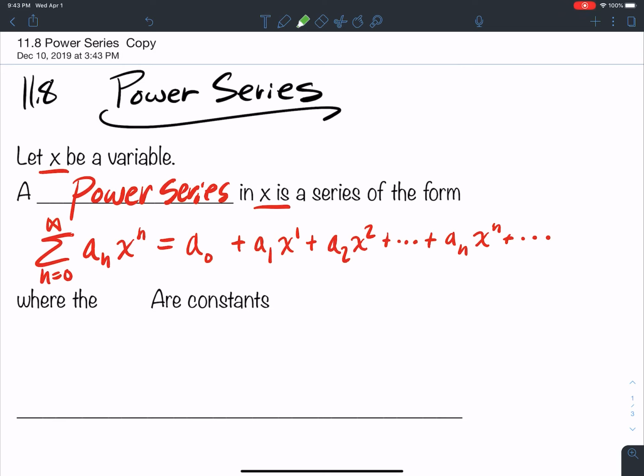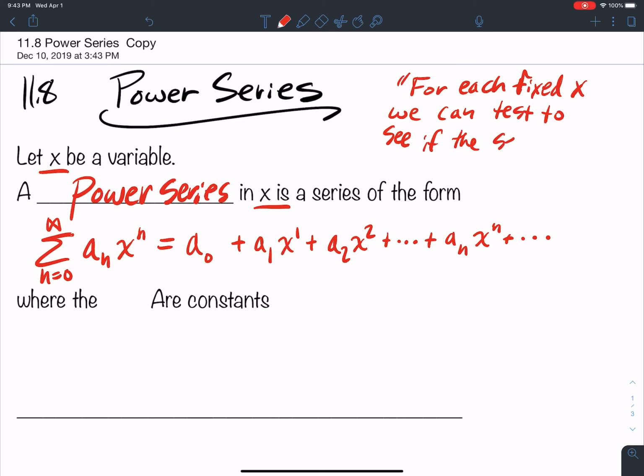So here's the idea. For each fixed x, we can test to see if the series converges. So say I pick some x value like x equal to 1.